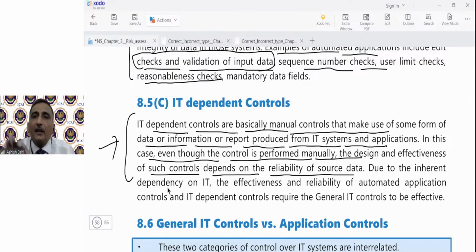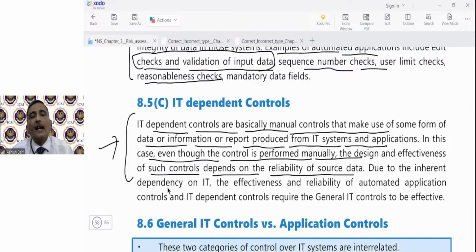When data is fed into the system, the controls validate the data, that the data fed by an employee is validated according to the parameters set by the company. The software validates the input data at the time of feeding, whether it is correct or not.